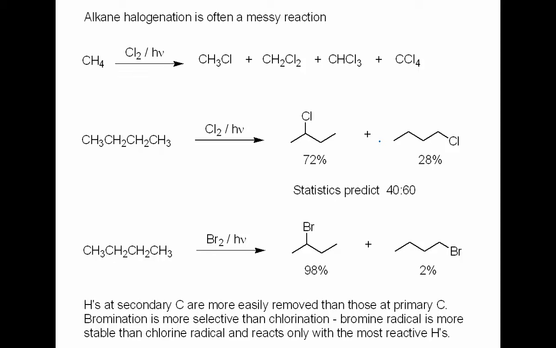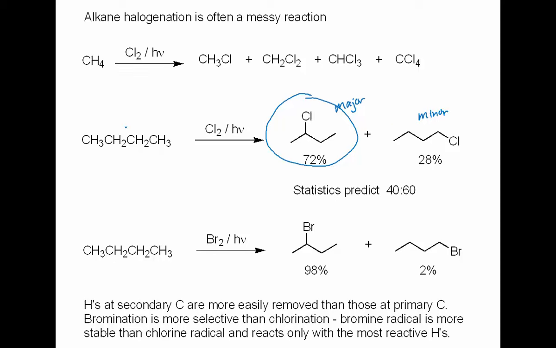Okay, so if we look at butane and we treat it with chlorine and light, and we're careful to isolate only the monohalogenated products, we start to see some degree of selectivity. We see that this product here, 2-chlorobutane, is the major product, and this is the minor product.